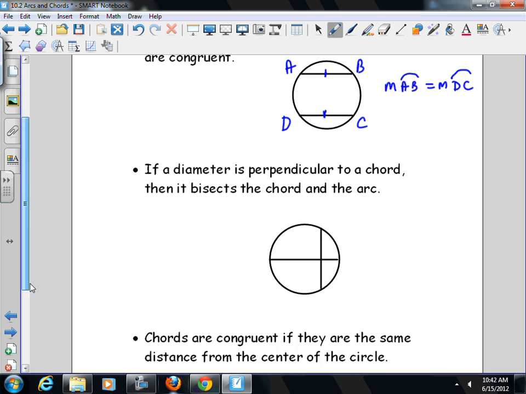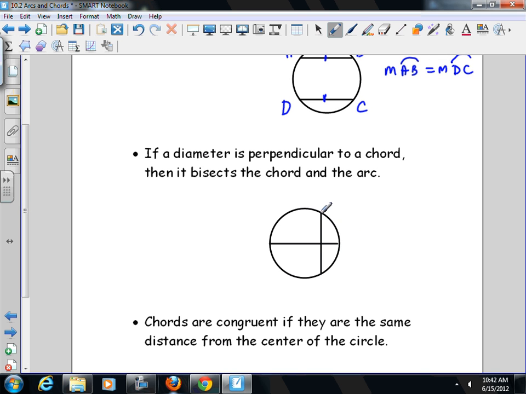Now, if a diameter is perpendicular to a chord, so here's your diameter, here's a chord, then it bisects the chord and the arc. So if these are perpendicular, I'm going to just label these points.